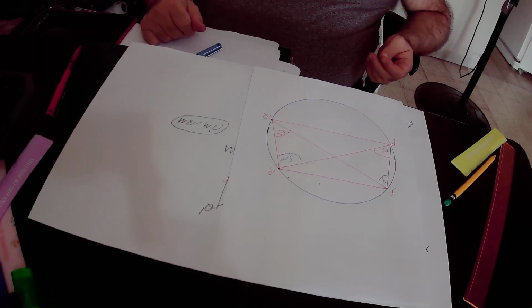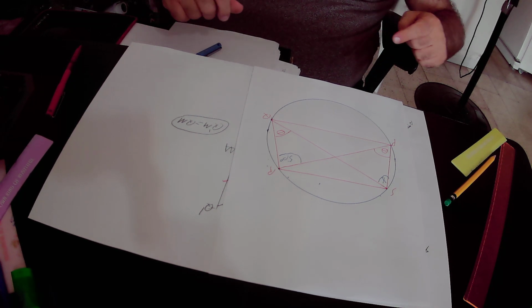And we also have rule number 2. Rule number 2 states that if you have peripheral angles that subtend the same chord, then they are equal to each other.